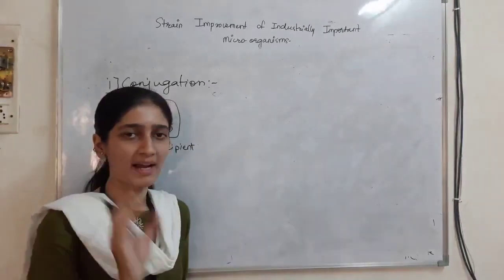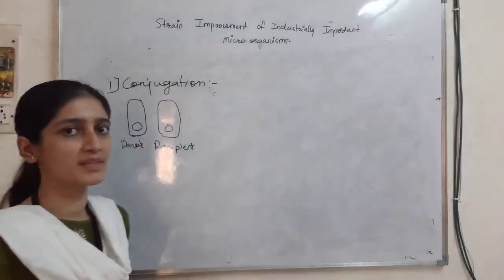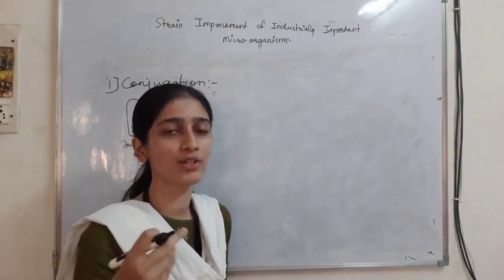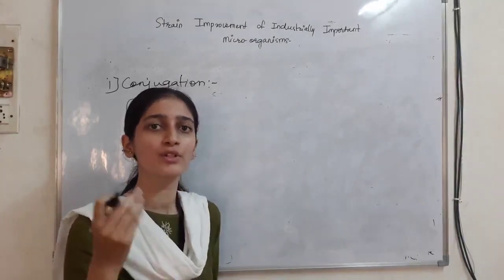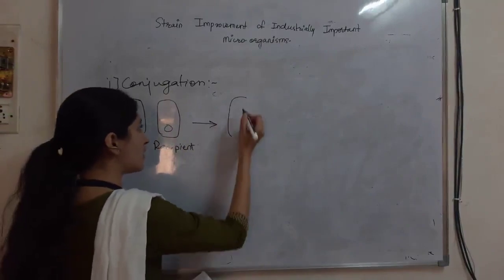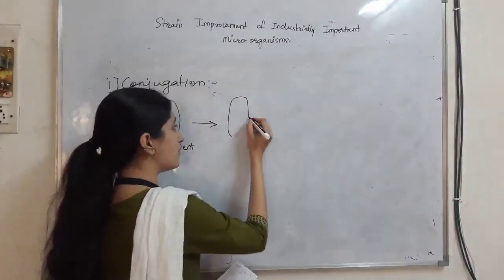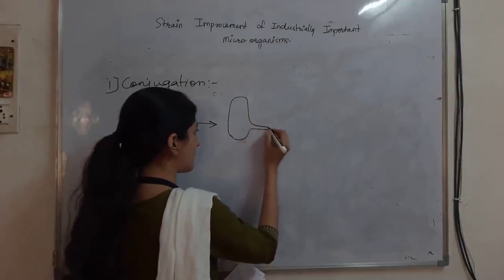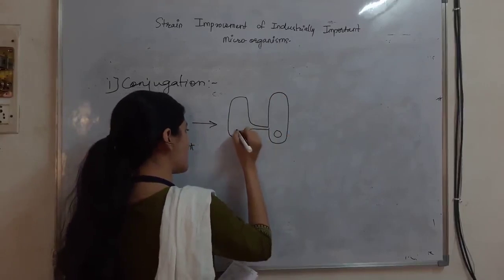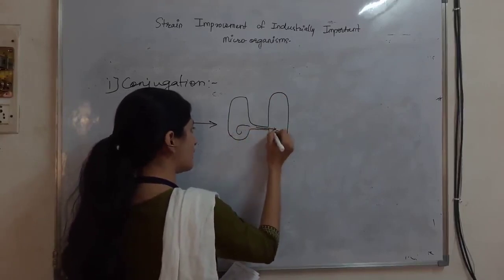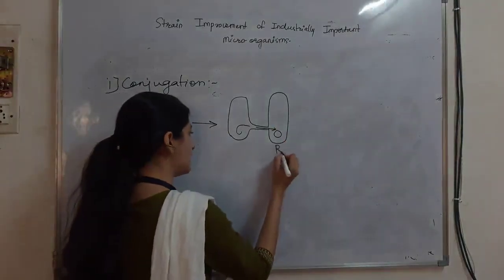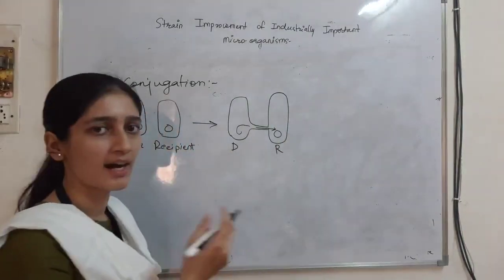If a bacterium consists of a plasmid that has an extra gene which gives it the ability to produce a certain antibiotic, then with the help of ciliated appendages like pili, both bacteria come in close contact with each other and the chromosome is transferred to the recipient cell. This is R, this is D. D stands for donor, R stands for recipient.